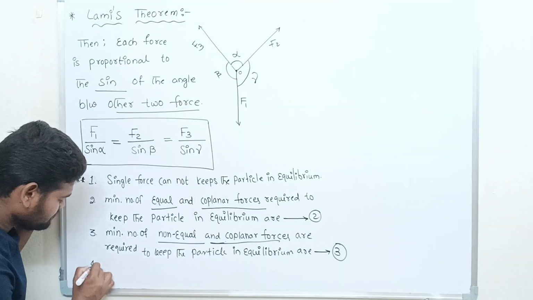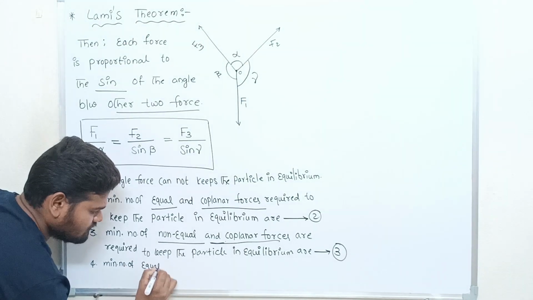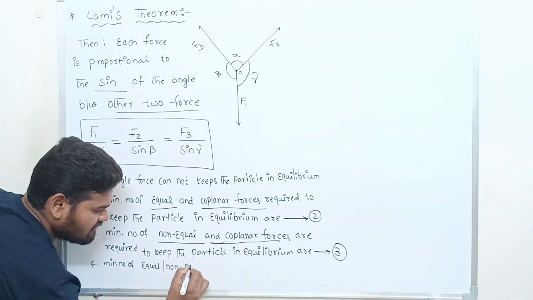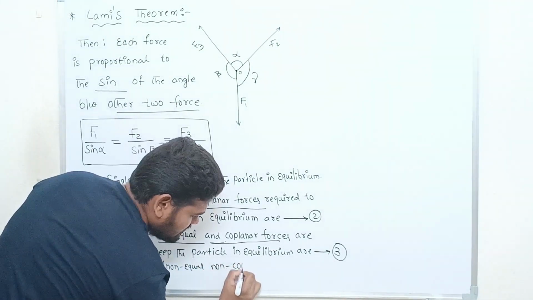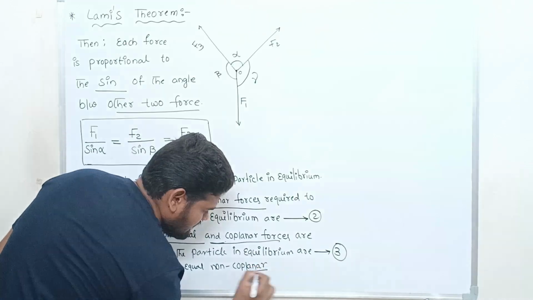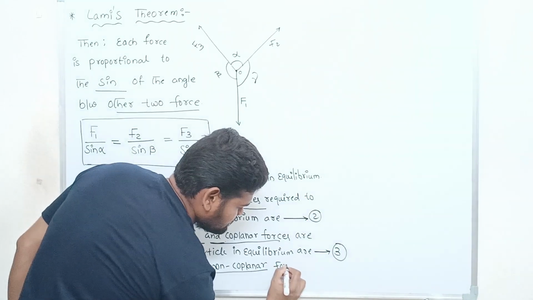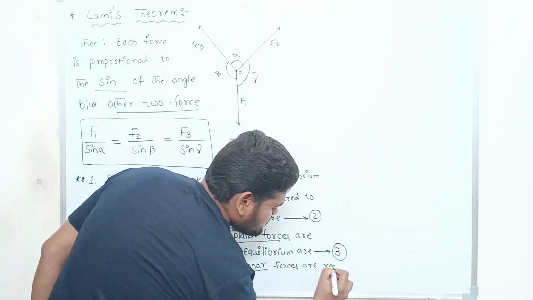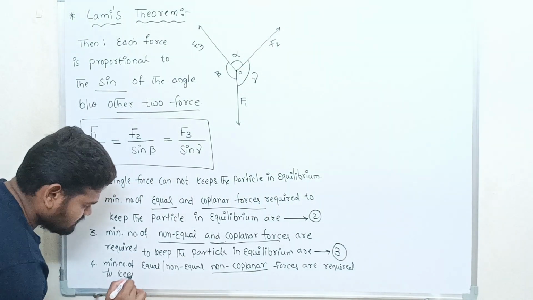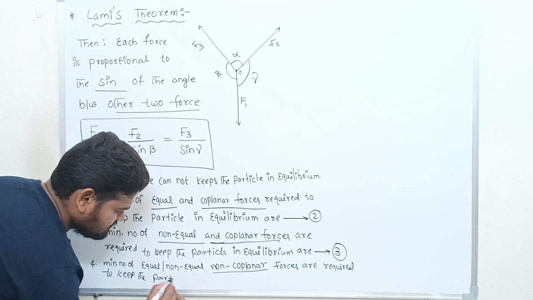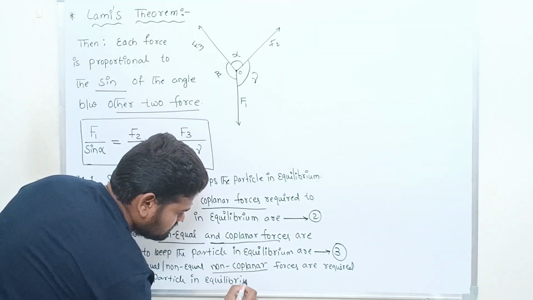Okay, so the fourth one: the minimum number of equal or non-equal and non-coplanar forces required to keep the particle in equilibrium is four. So equal or non-equal, non-coplanar forces, four are required to keep the particle in equilibrium.